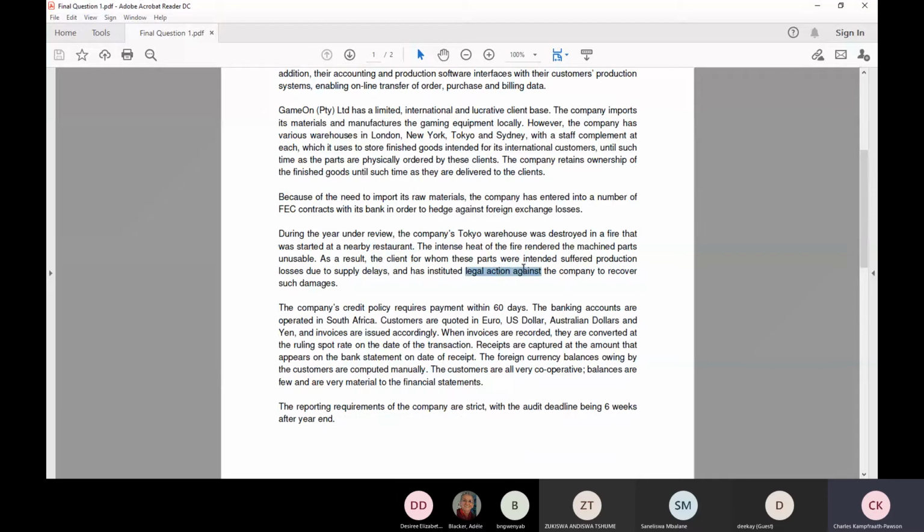So the moment that there's legal action, we need to get proof from the client's legal team or their attorney. We need that confirmation from the attorney of what his opinion is about this litigation, because that will affect our contingent liability in the financial statements.